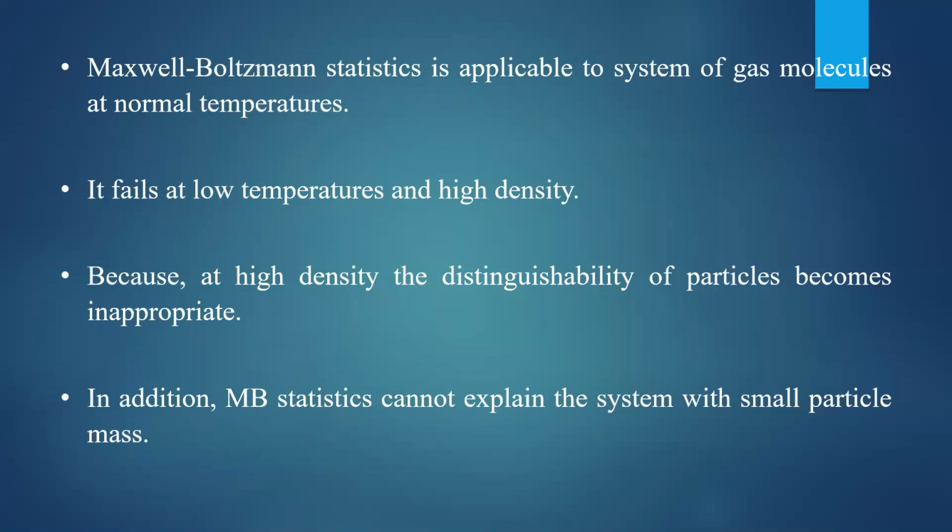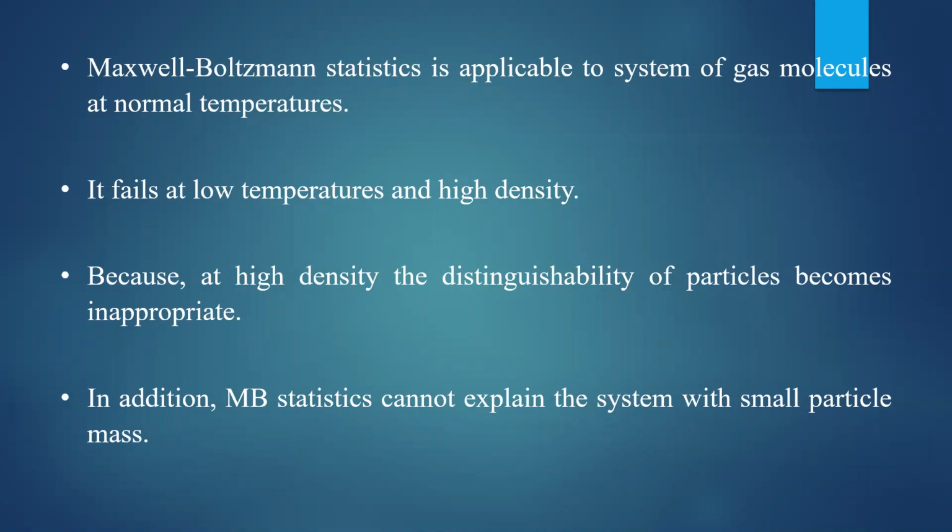So it is one of the limitations. It fails at low temperature and high density. If we have a system of high density, a very large number of molecules per unit volume, then this Maxwell-Boltzmann distribution function does not hold good. So it is applicable for finite density.